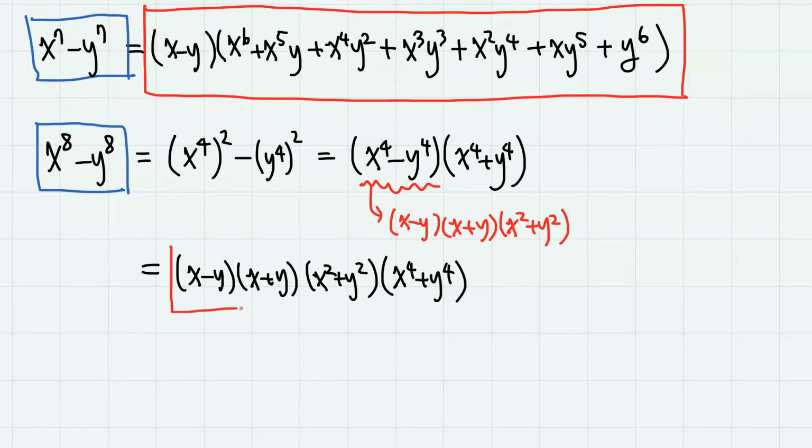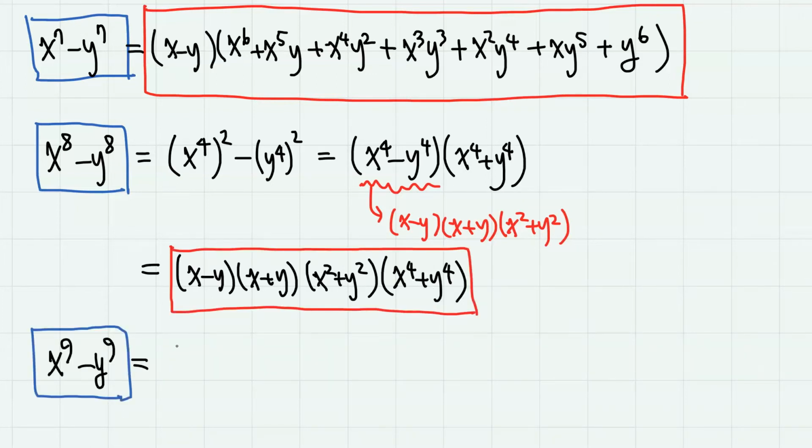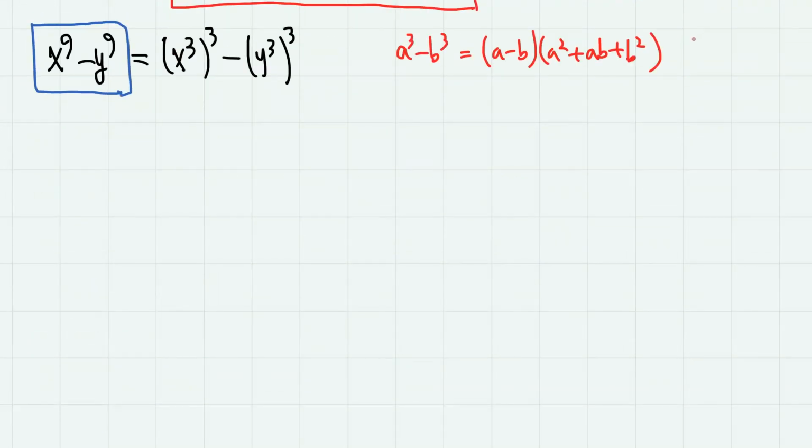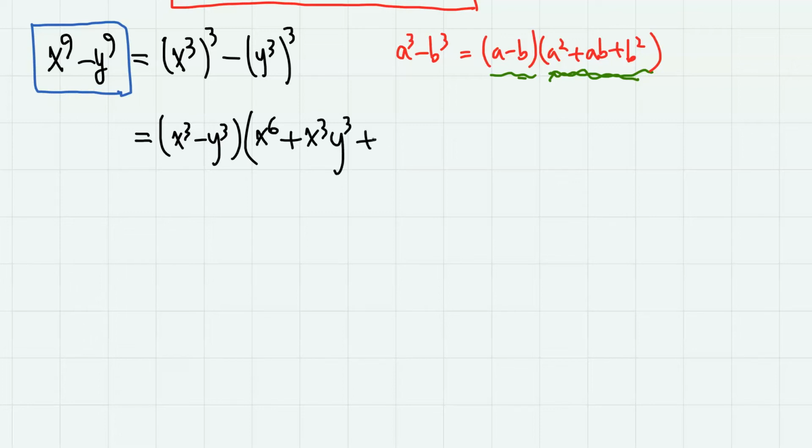For the x to the 9 minus y to the 9 can be written as x cubed cubed minus y cubed cubed. So we can apply the formula for a squared minus b squared... rather, a cubed minus b cubed. So we have x cubed minus y cubed for this part, and we have the a squared plus ab plus b squared part, which is x to the power of 6 plus x cubed y cubed plus y to the power of 6.